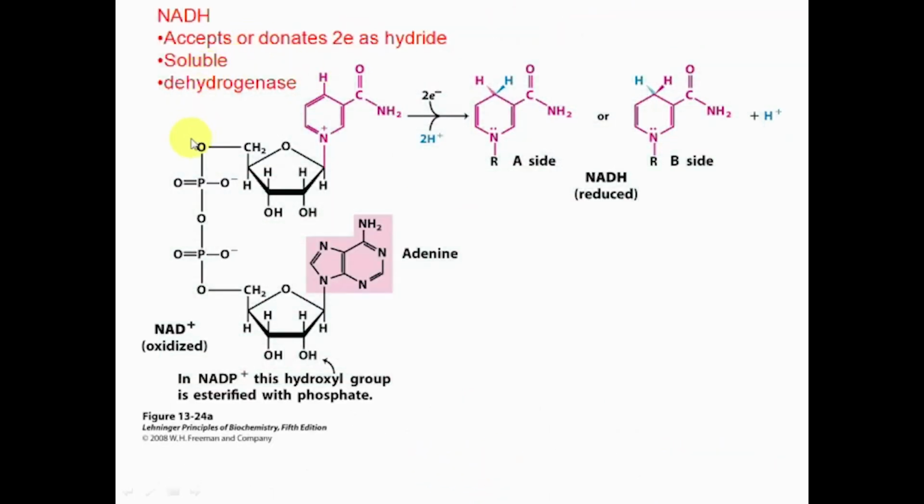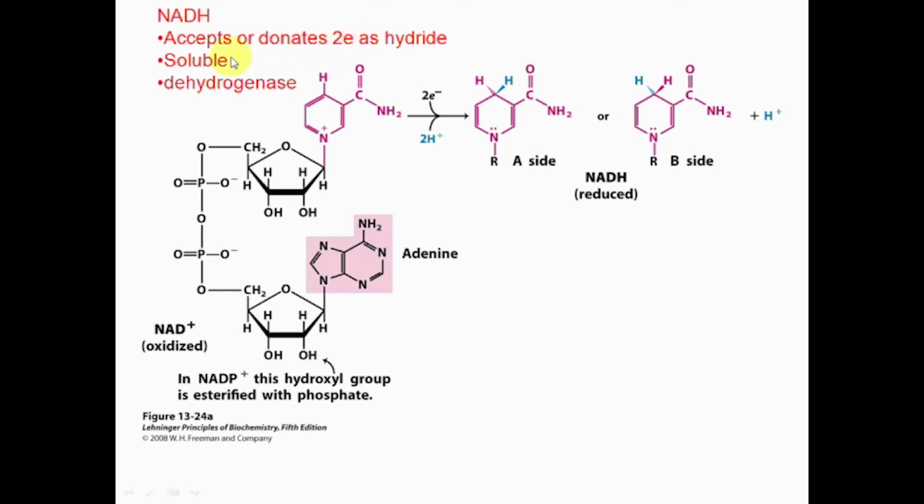Now we're going to talk about NADH. And this is NADH right here. It accepts or donates electrons as a hydride. And so it will always do electron transfers in a chunk, a 2-electron chunk.